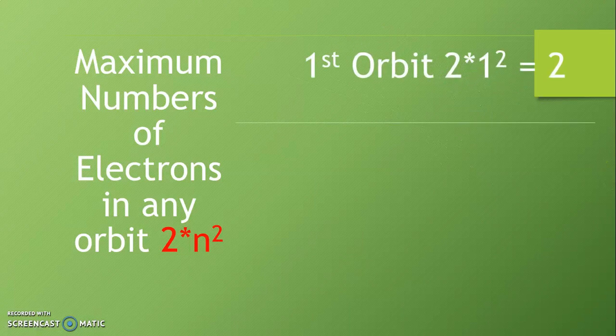Suppose we consider n is equal to 1, that is our first orbit. So 2 multiplied by 1 raised to power 2 is equal to 2. The meaning is, in the first orbit we have a maximum of 2 electrons.